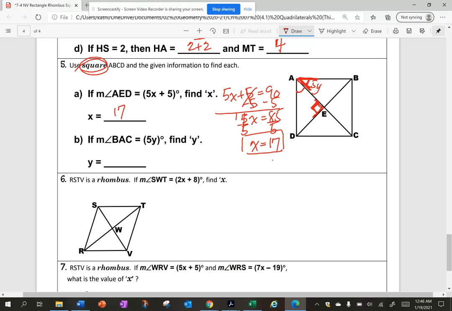So they're cut in half. So I know if the whole angle is 90, I know half of the angle is 45 degrees. So I'm going to divide both sides by 5, and I get y equals 9.